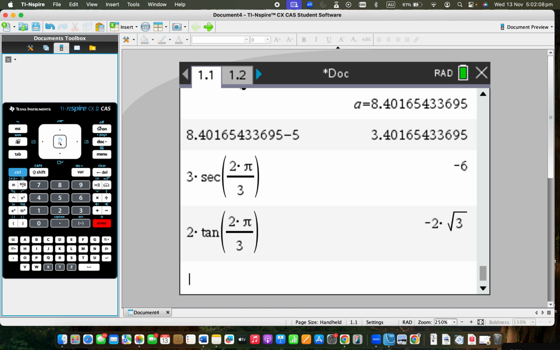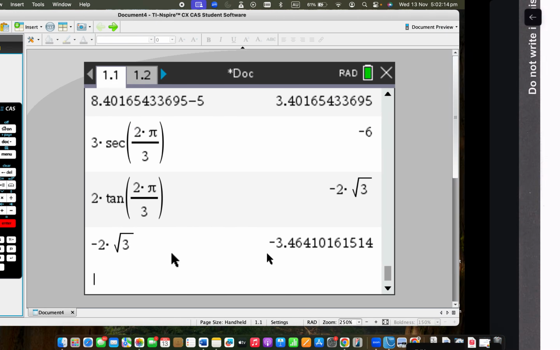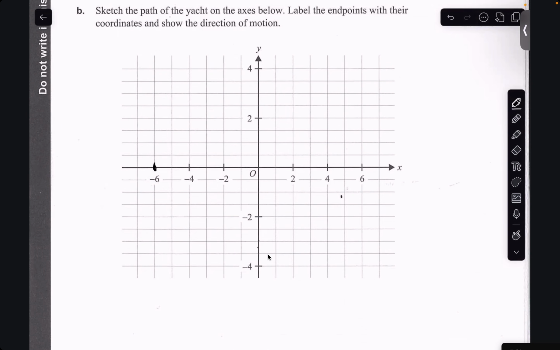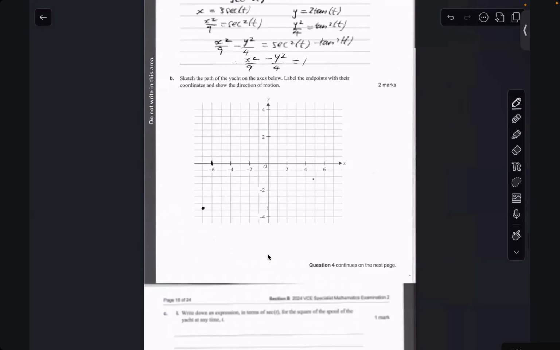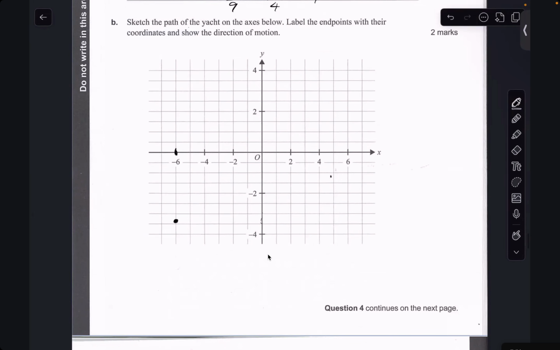So negative 6 and negative 2 root 3, what's that approximately? Negative 3.46, so almost here, okay? And then, oh, whoops, over here. So that endpoint is negative 6, negative 2 root 3.